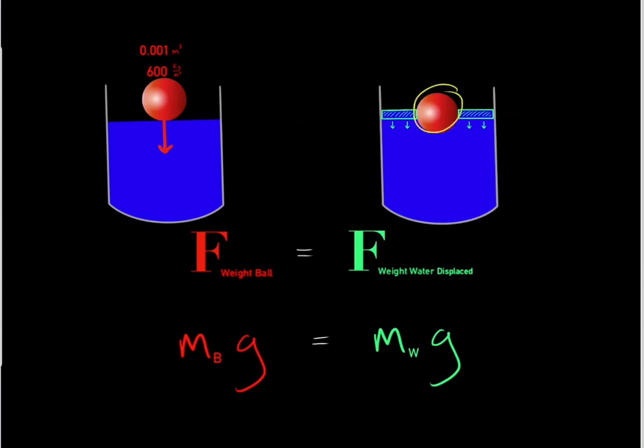If we know the mass of this ball times the acceleration due to gravity, we can determine the weight of this ball going downward. If we can determine the mass of this water that's been displaced and lifted upward, and multiply it by the acceleration due to gravity, we can determine the force that this water feels downward, and therefore we can determine the buoyant force, because that's where the buoyant force comes from.